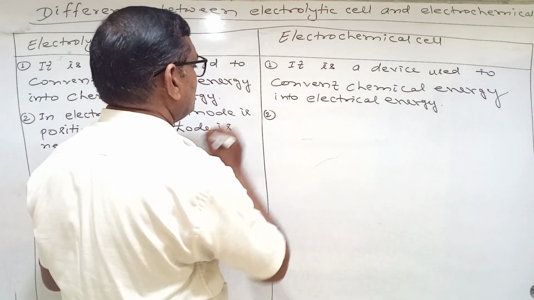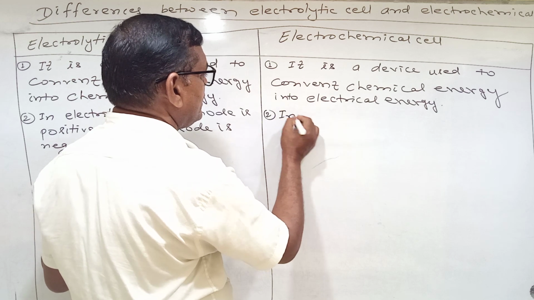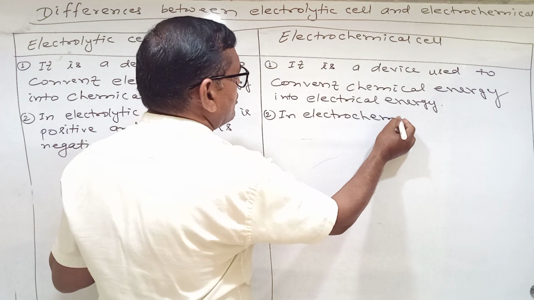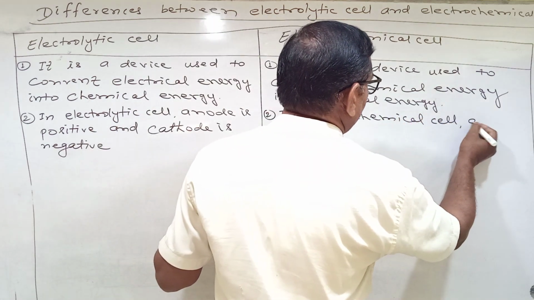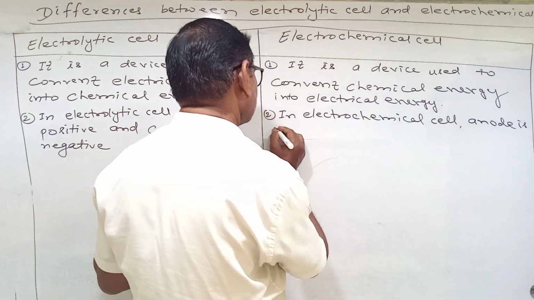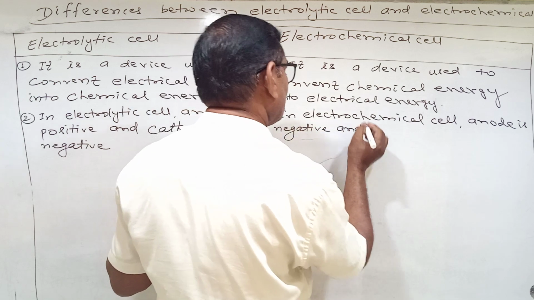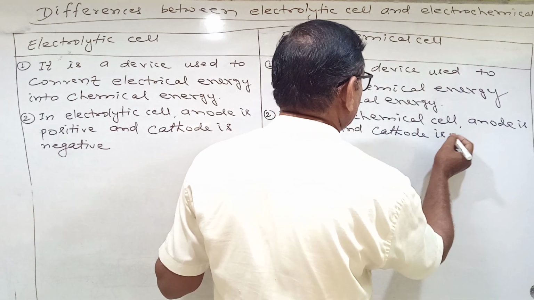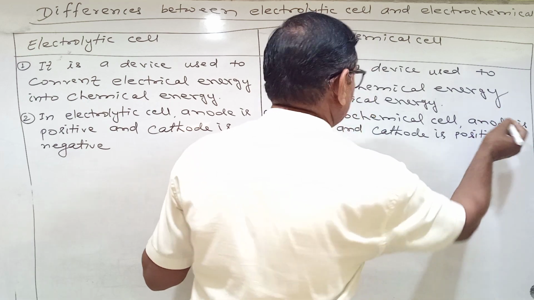In electrochemical cell, anode is negative and cathode is positive.